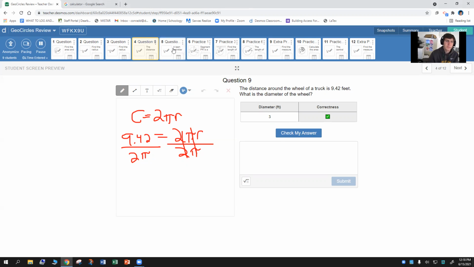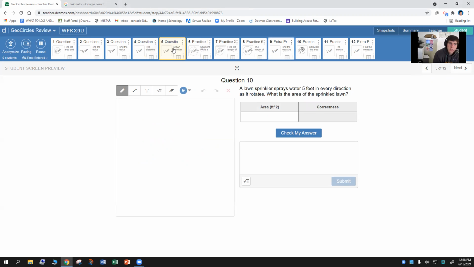Okay, slide 5 here. A lawn sprinkler sprays water 5 feet in every direction as it rotates. What is the area of the sprinkler? The area formula is pi r squared, and the radius here is going to be 5, since the sprinkler sprays 5 feet in every direction from the center.